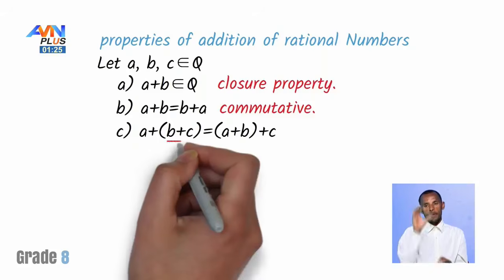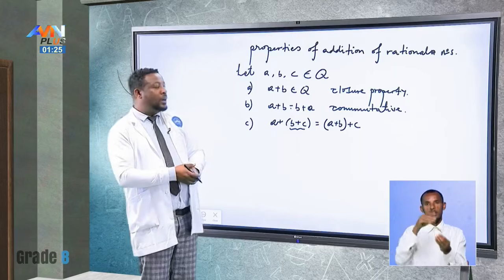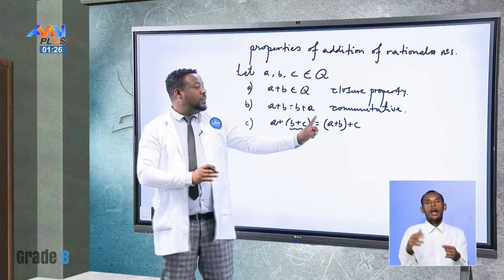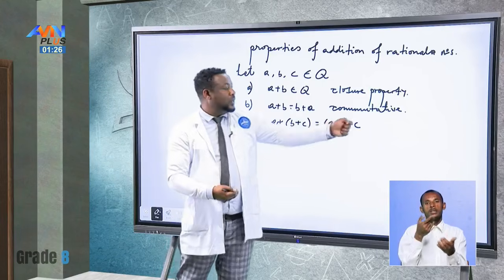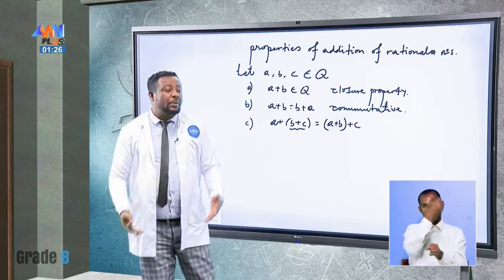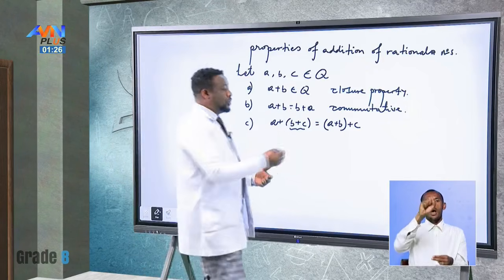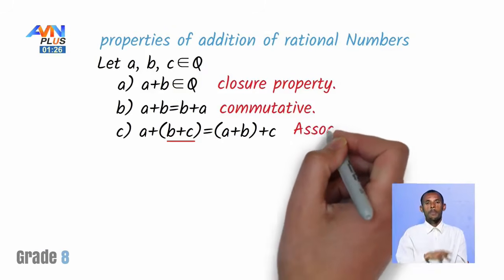Find the sum of the two rational numbers B and C, and add that number with A. Then go to the right-hand side, add A and B first, and add that result with C. So this property works for any rational number, and it is called associative property of addition.